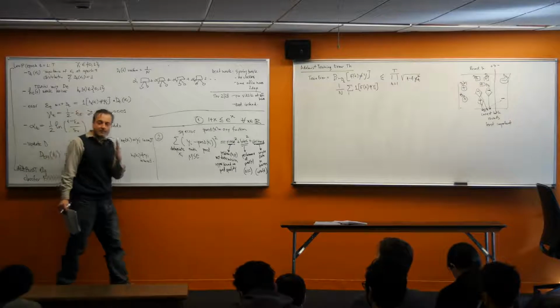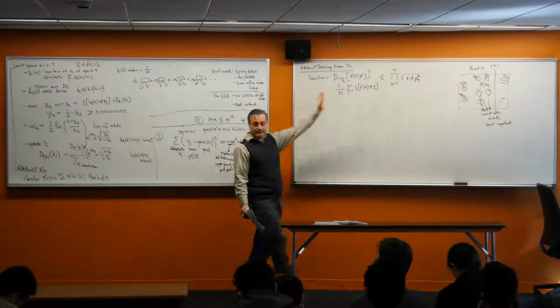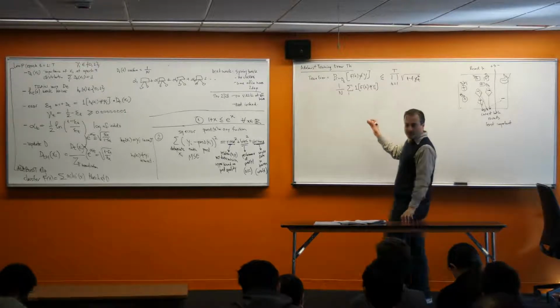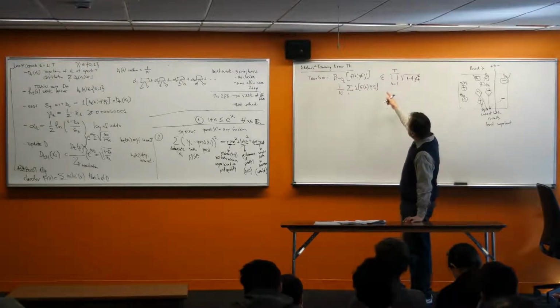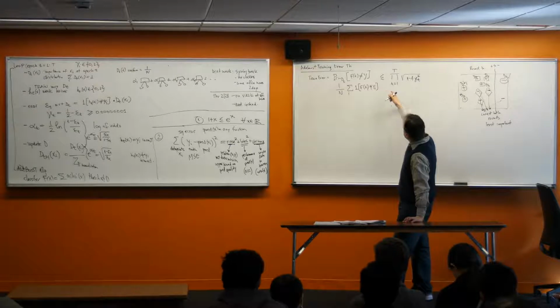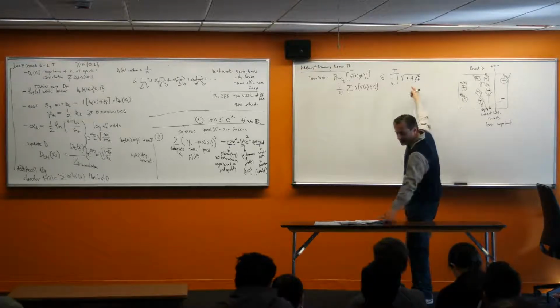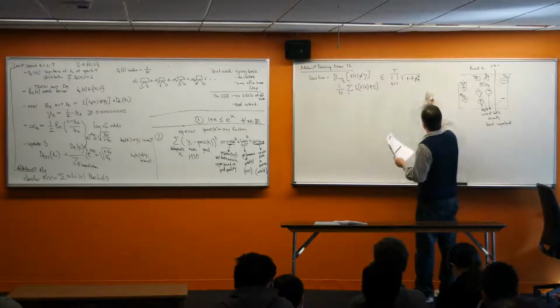So let me tell you why that is, assuming we can prove this thing. What does it mean? I'm going to skip the proof. I'm going to do the proof next time. But what does this mean? If I can guarantee every single one of these, there's an inequality here that I'm going to put.